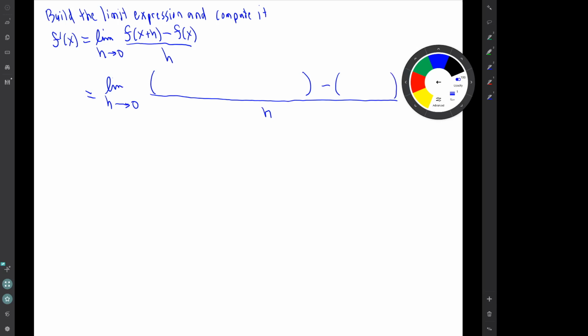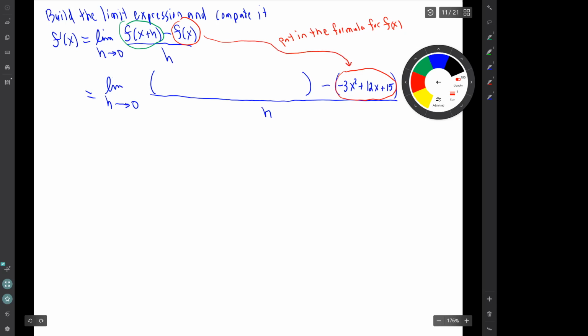So our expression that we need to build has an f of x plus h there. It has an f of x there. So we need to go get the expressions for those two things. Well, f of x is easy. We've taken the formula for f of x and we've put it into that limit expression.